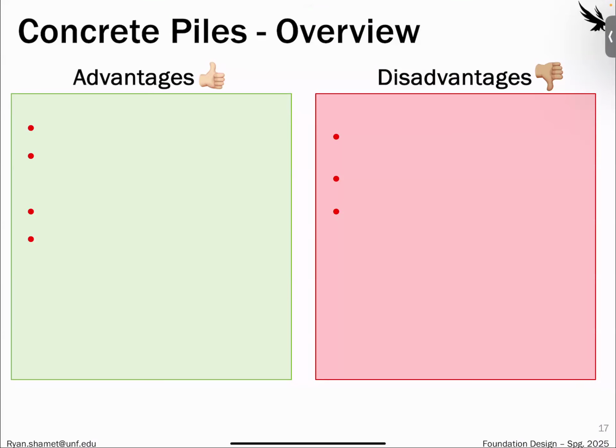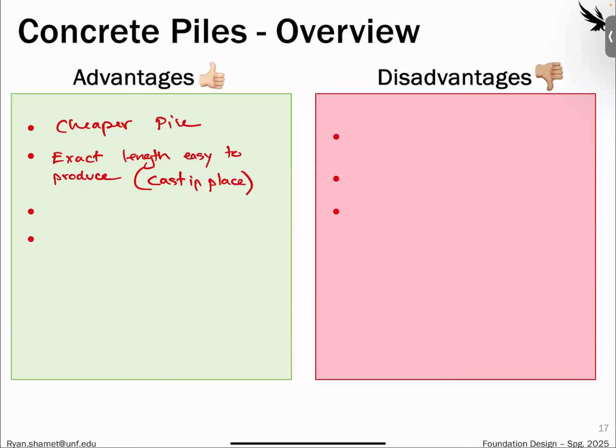Okay, some of these here, more economically, it's a cheaper pile because it's concrete, mass produced. Most of the time, the exact length is easy to produce. And this is because you can do a cast in place. So literally you just dig the hole and you pour the pile. So that's a bored pile in that case.